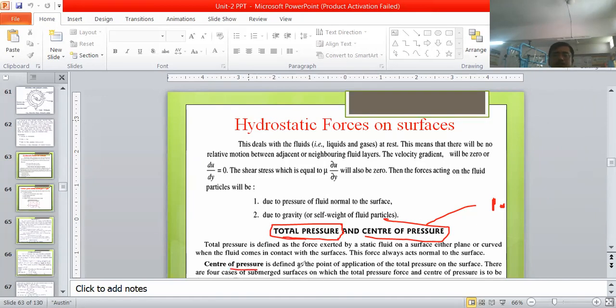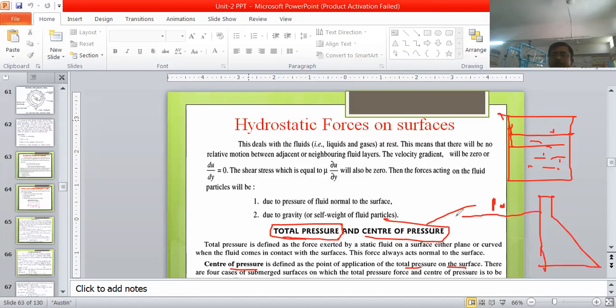Okay. So center of pressure is defined as the point of application of the total pressure on the surface. For example, this is a container of any arbitrary shape. Or you can take an example of a dam, a gravity dam. Suppose this is the reservoir here, filled with water. And this is the pressure intensity acting on this particular wall or surface of the dam.